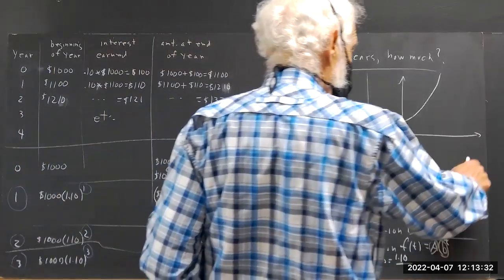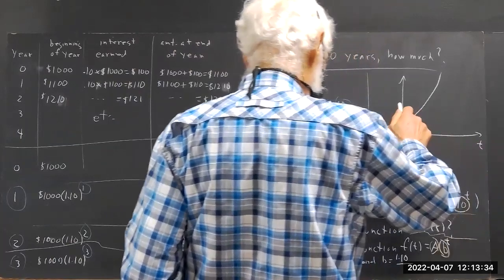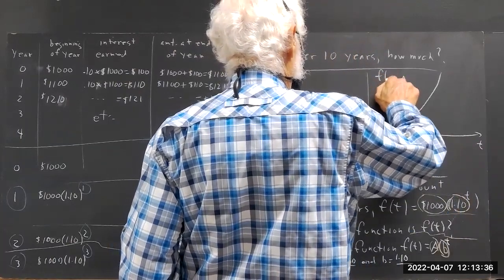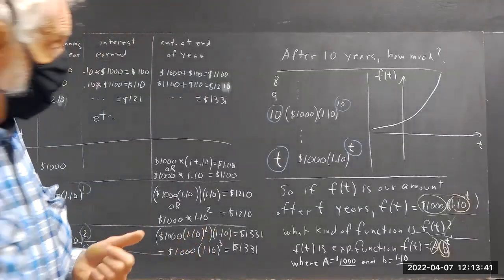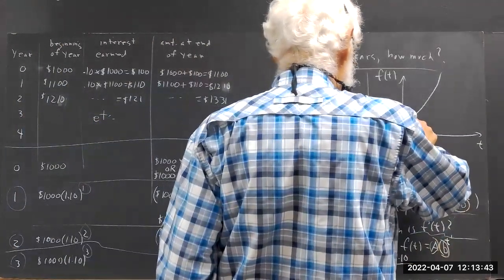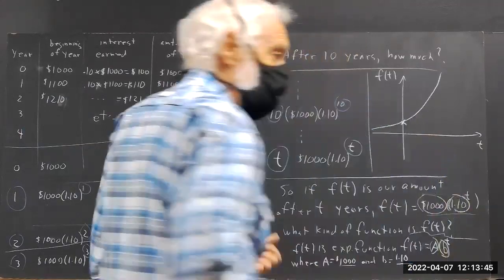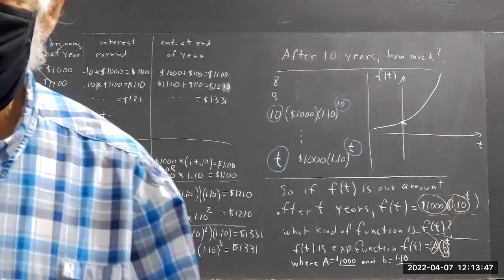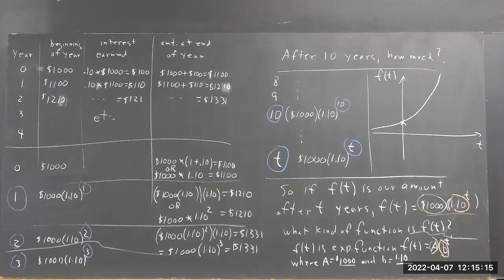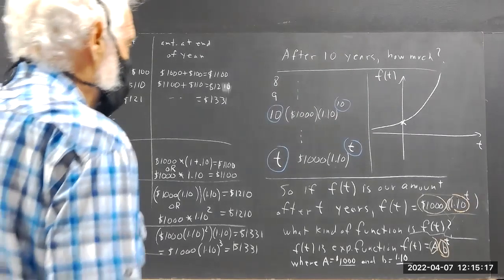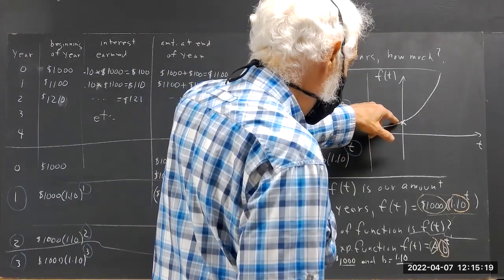Like here's T, and here's F. Now my question is, what are the coordinates of this point?